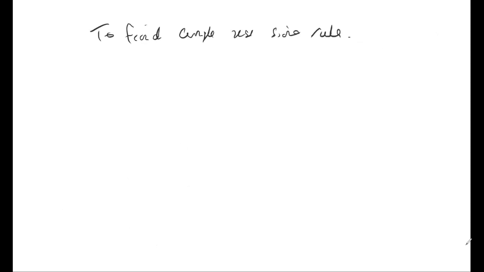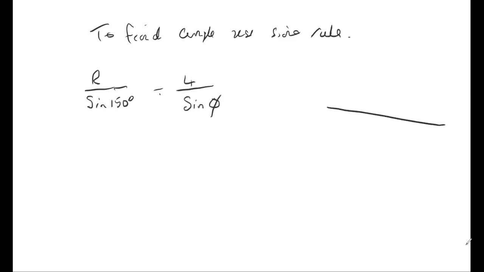The sine rule is we're going to use R over sine 150, because that's the opposite angle, is equal to 4 over the sine of the angle we're looking for.